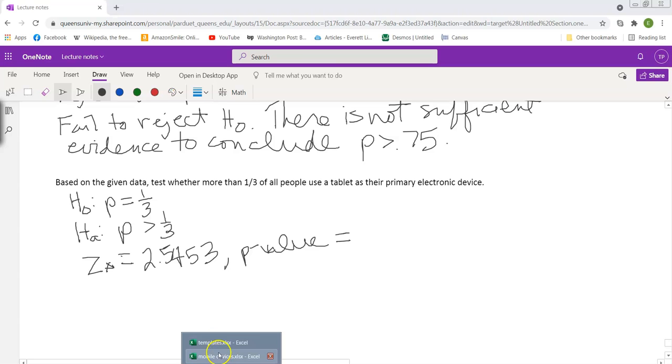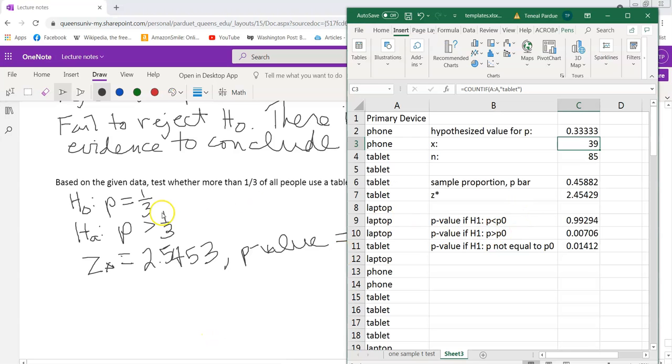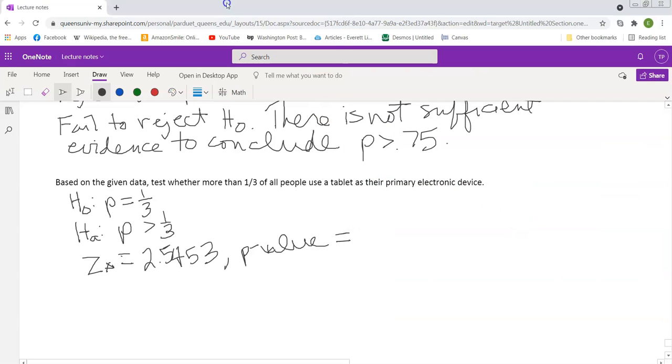And our p-value, we're picking the greater than one, so 0.0071. And it was just a coincidence that both of these examples were greater than. You could have any one of these on your homework.